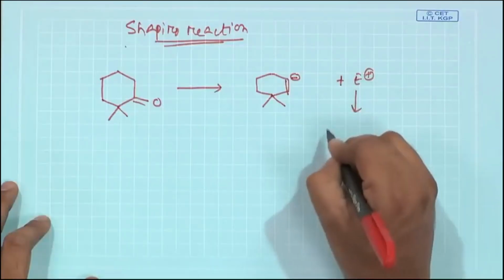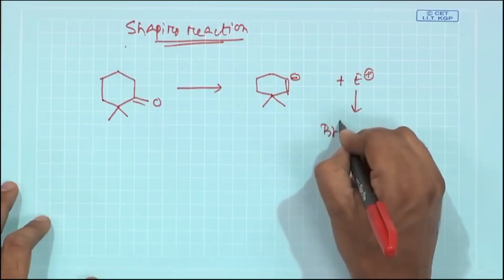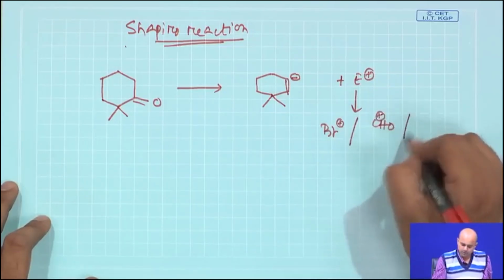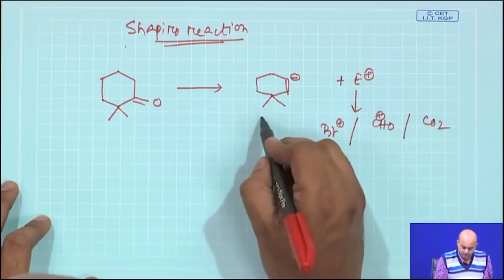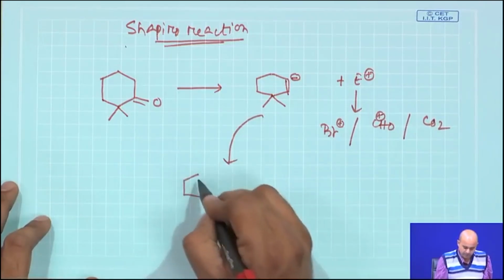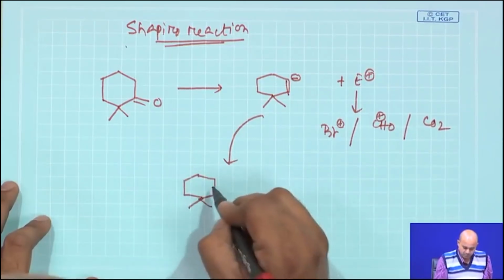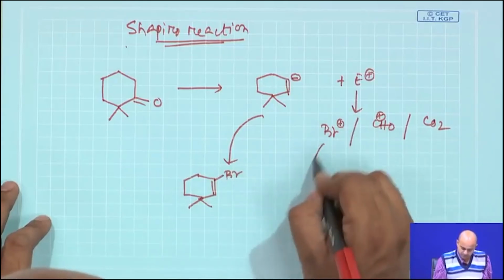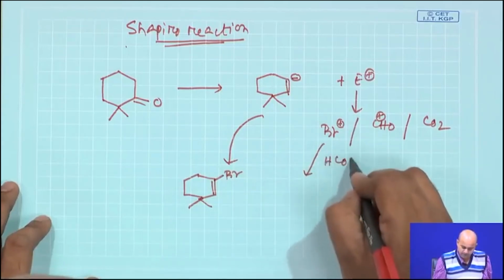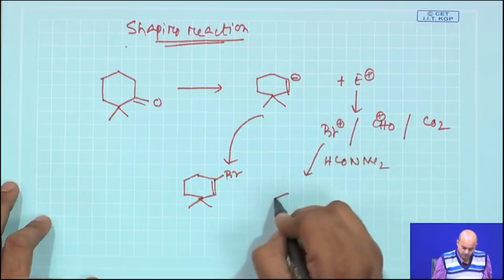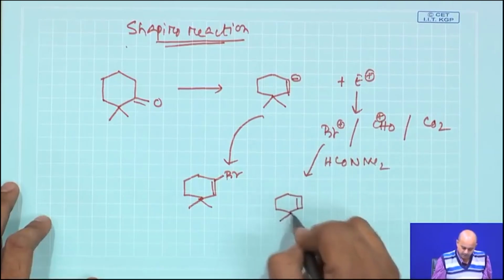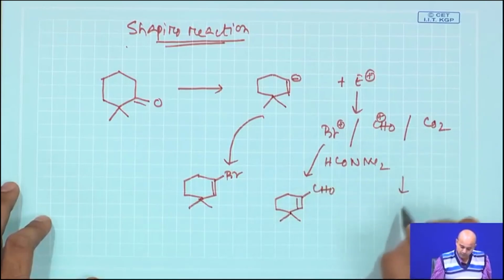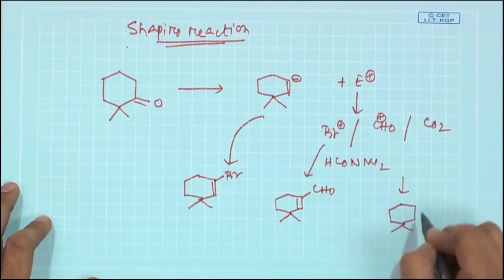The electrophile could be anything. It could react with a simple bromonium ion, it could be CHO plus, could be another electrophile like carbon dioxide. So, if you react with bromine, it will give you a vinylic bromo species, it will react with dimethylformamide to give you the corresponding aldehyde, it will react with carbon dioxide to give you the corresponding carboxylic acid.